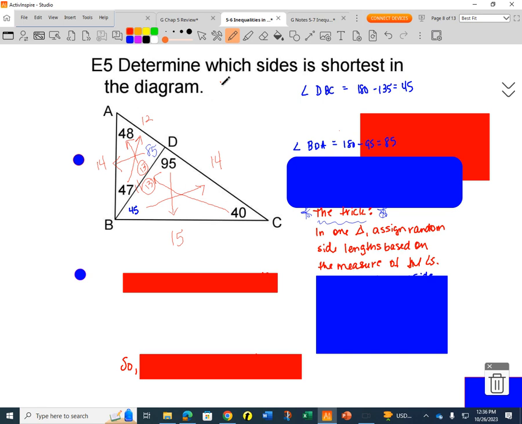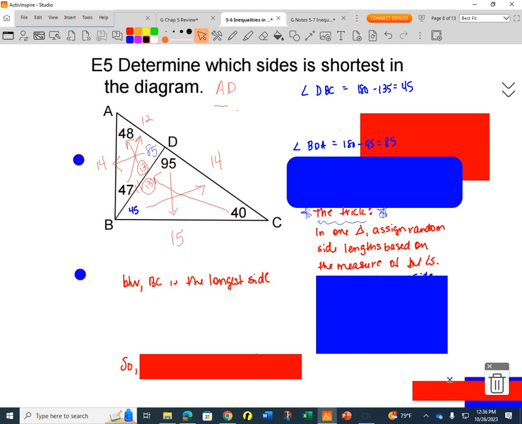If they ask us the longest one, it'd be the biggest number. The shortest one's going to be the smallest number. The biggest one's going to have the biggest number. So we know that BC is the longest side. It asks for the shortest side, but it could ask you for either one.